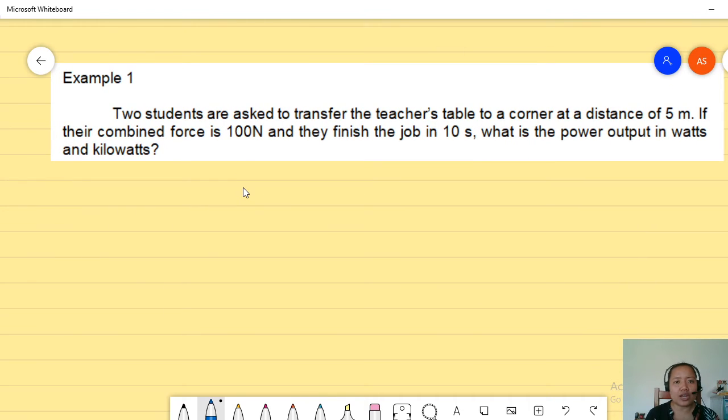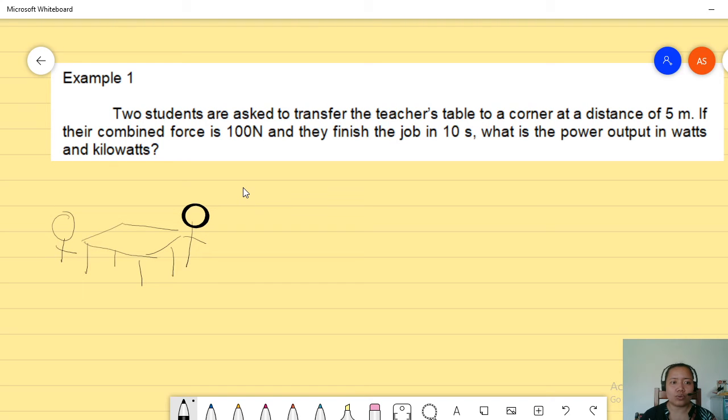Two students are asked to transfer the teacher's table to a corner at a distance of 5 m. So let's make a table. If this is the table, we are going to transfer the table to the other side. There are two students here, one and the other one.